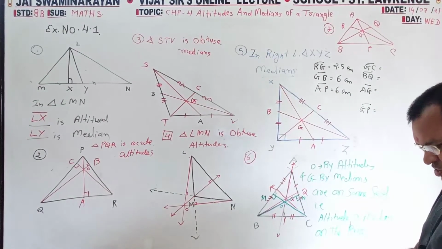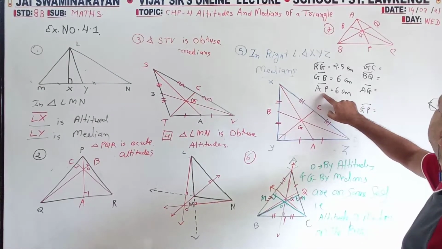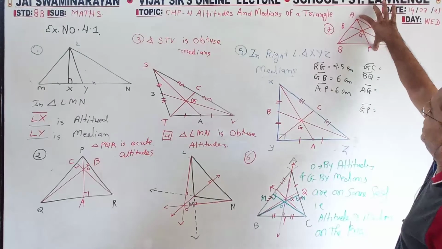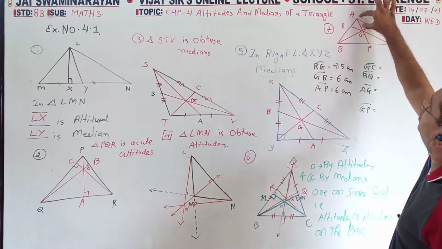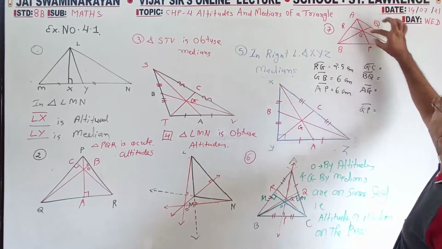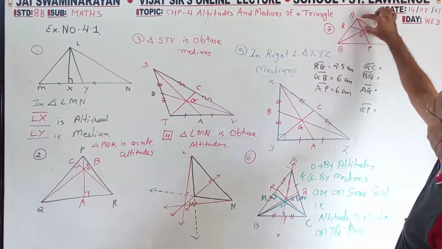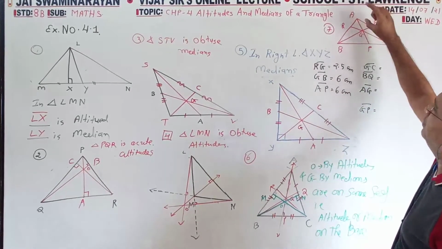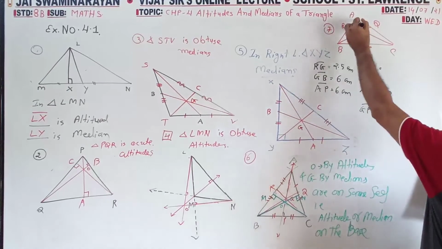Now you can measure or directly you can write on the principle. AP is 6. So this must be 2 and 4. So AG will be 1/3, 2. If you measure now, you will find 2 centimeter. By scale you have to measure.